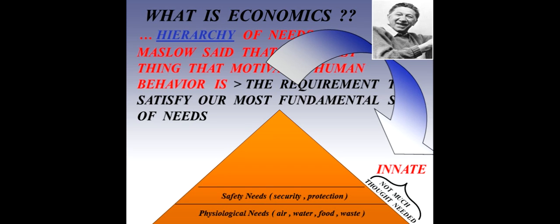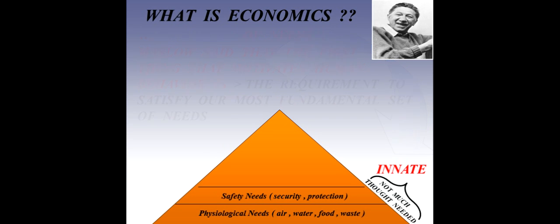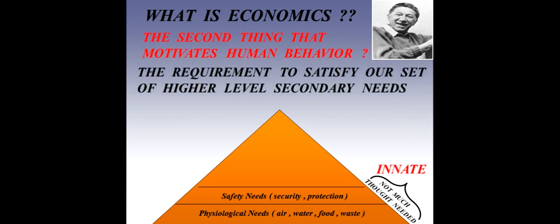Once that's done, Maslow said that human beings can focus their behavior and their motivations on satisfying the next set of needs, up from physiological, which are safety needs, the need to feel security, protection from harm.